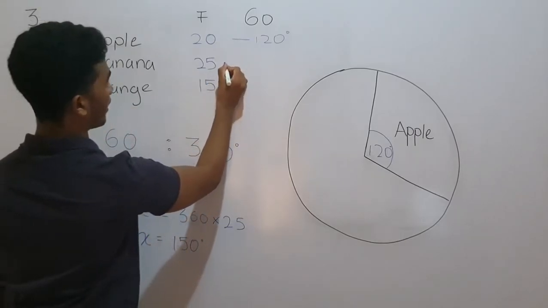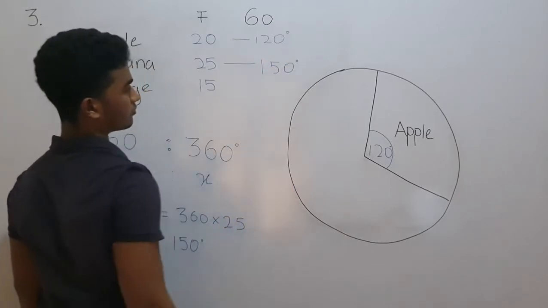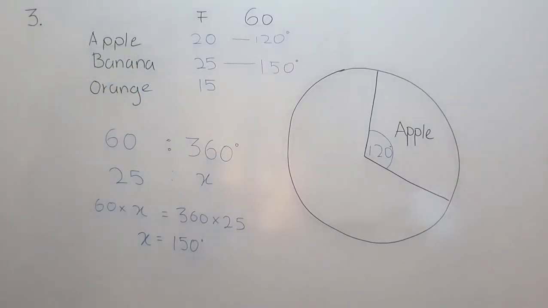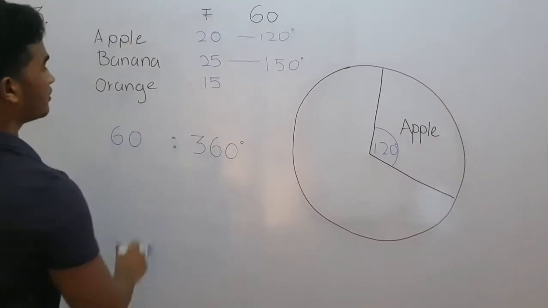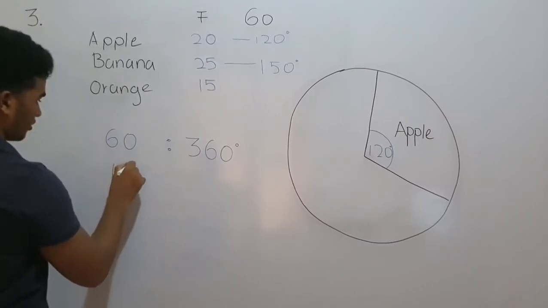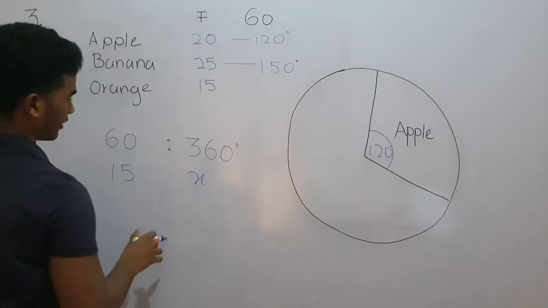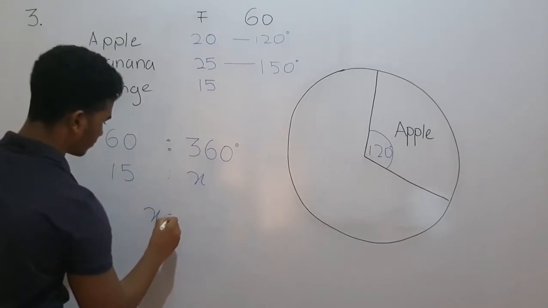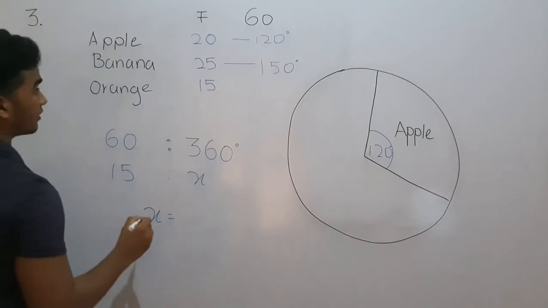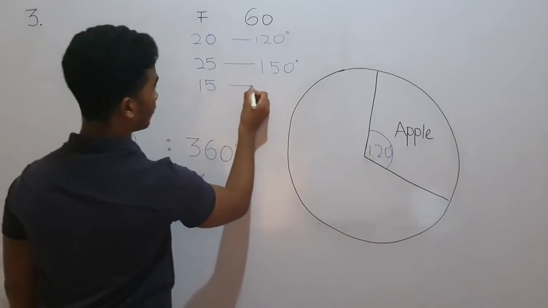So the angle for bananas is 150 degrees. Similarly, for orange, we'll use 15 and take it as x, cross multiply and divide both sides by 15. You get x as 90 degrees. So the angle for this is 90.